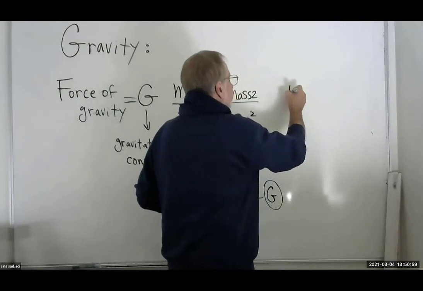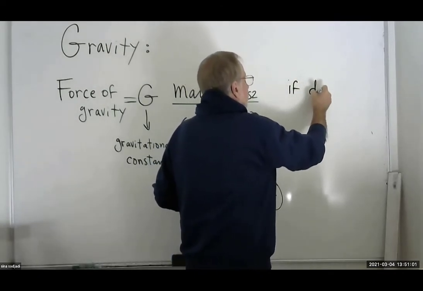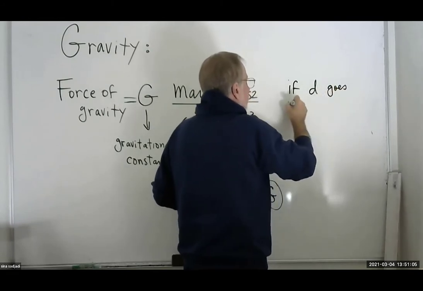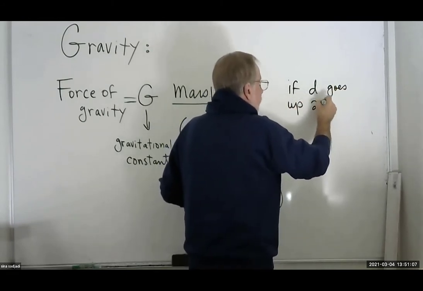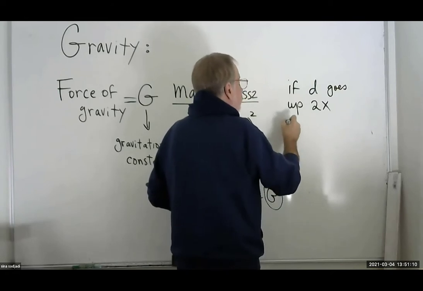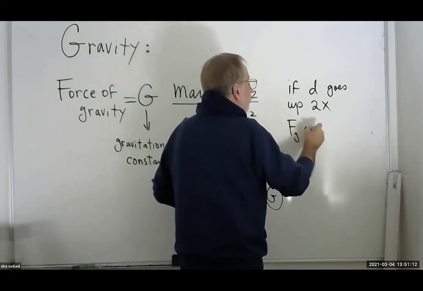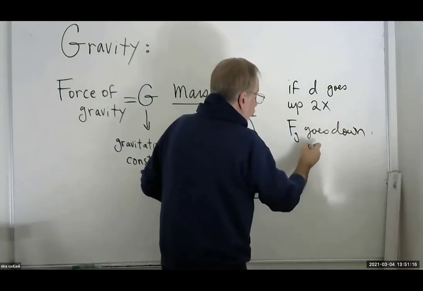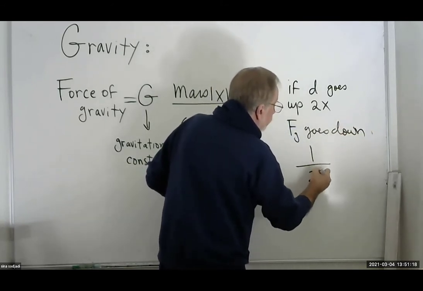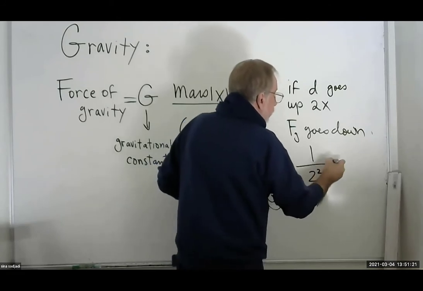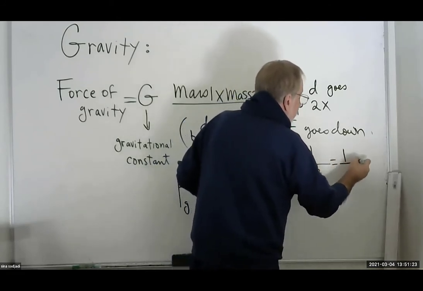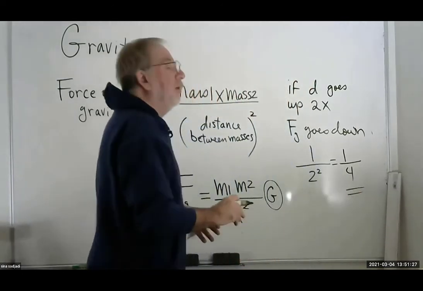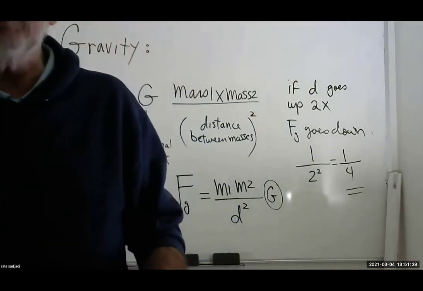So if d goes up 2 times, right? 2 times, force of gravity goes down 1 divided by 2 to the power of 2, right? So it becomes 1/4. You see, it doesn't go down half as much, it's a quarter as much, right?